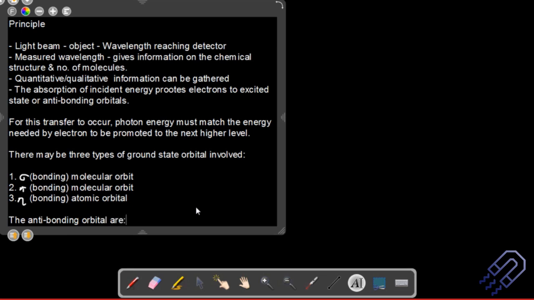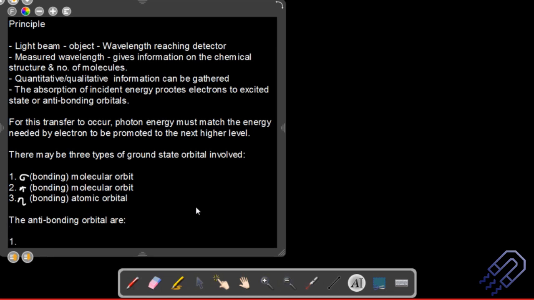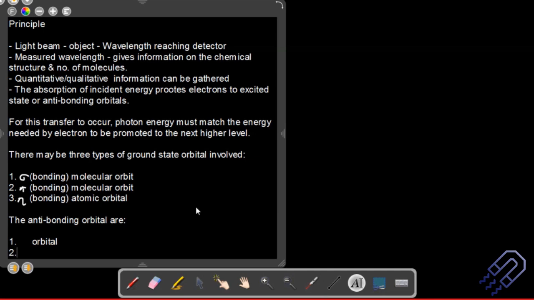The anti-bonding orbitals, there are two. Okay? Both of them are actually represented by star. Okay, so I'll just write down number one, sigma star orbital. So these are actually termed as anti-bonding orbital. Okay.